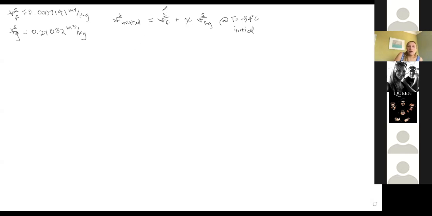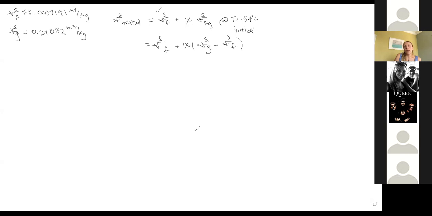So we have values for the saturated liquid. How do we get our value for our saturated liquid vapor region? The gas minus the fluid. Yep. So we have our saturated liquid plus our quality times the specific volume of our vapor minus the specific volume of our fluid.